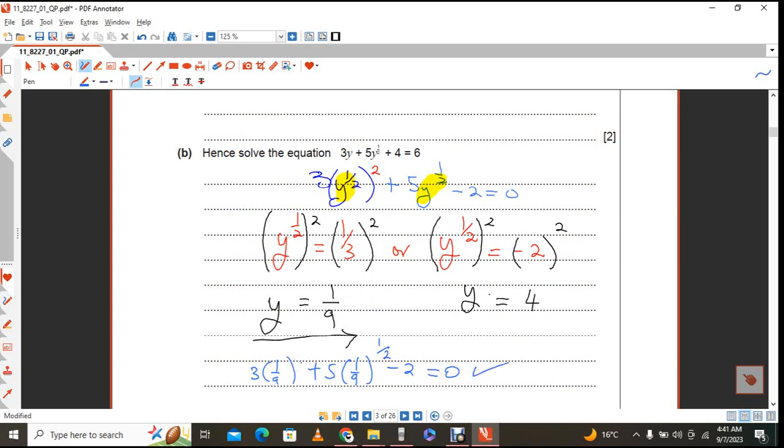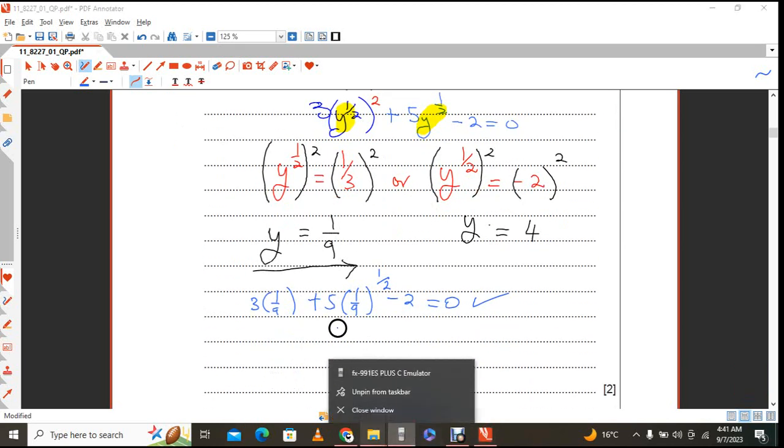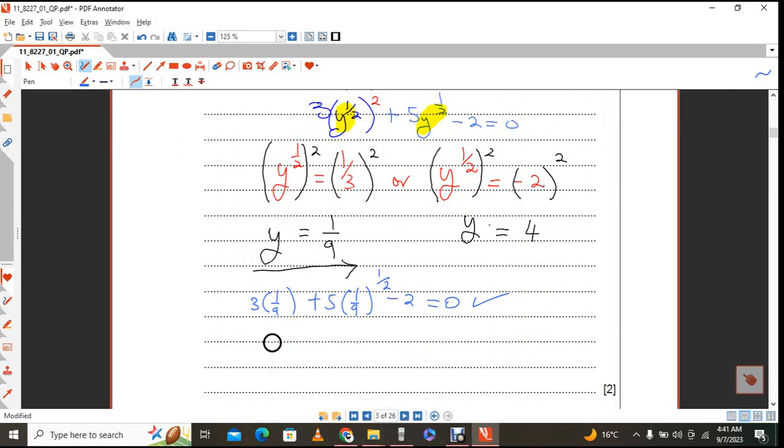But if you were to do the same thing and put in the value of 4, so that's 3 times 4 plus 5 times the square root of 4, minus 2, well, it will not equal 0. In fact, that is 12 plus 5 times 2, that is 10, minus 2.